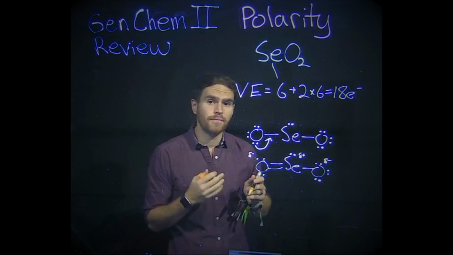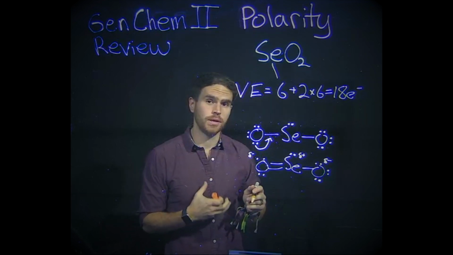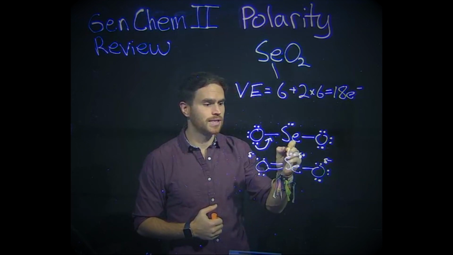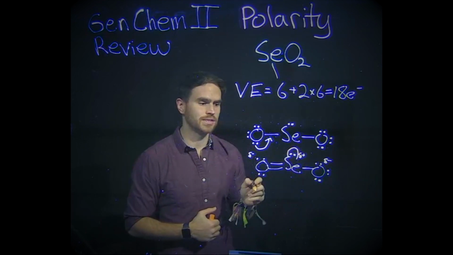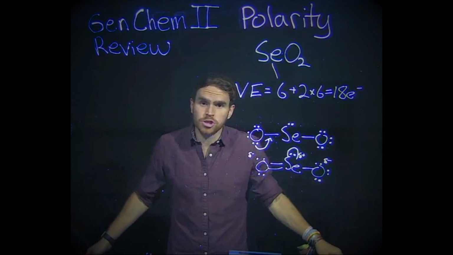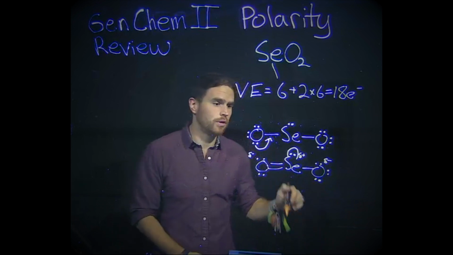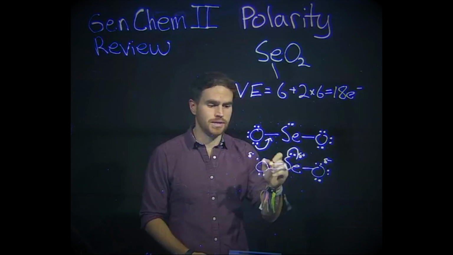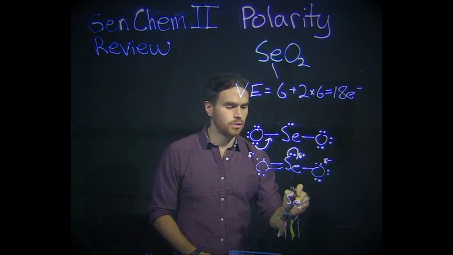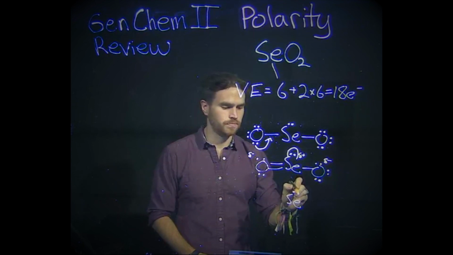However, VSEPR theory allows us to determine the molecular geometry of this molecule, and we can identify this lone pair that exists on selenium. So rather than being a linear molecule, you get a distortion pushing down these bonds and subsequently these oxygen atoms for a more accurate 3-dimensional structure to look like this.